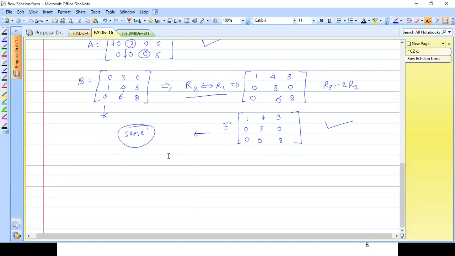So the new definition of rank, just write down: the number of non-zero rows in row echelon form.